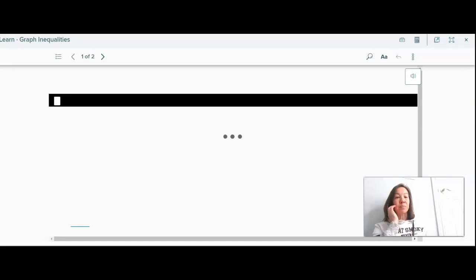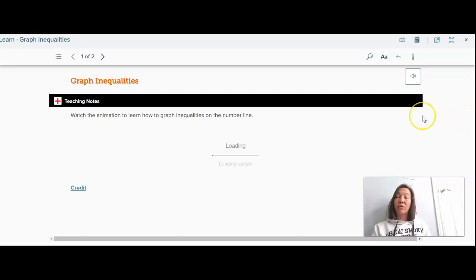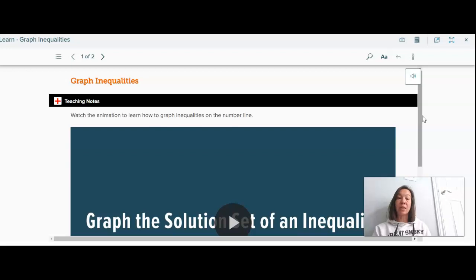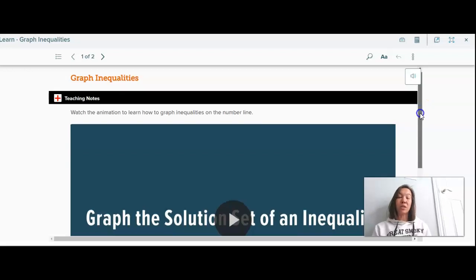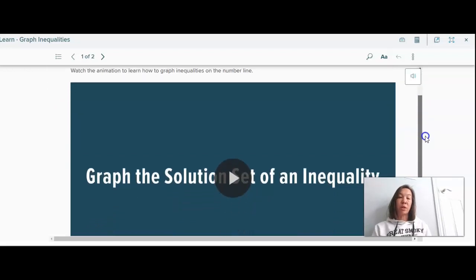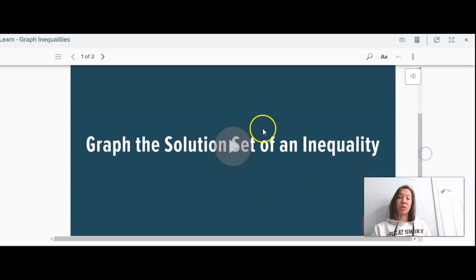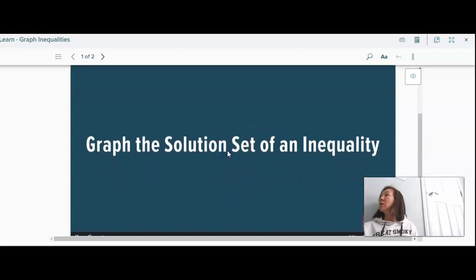On page 332 now, you can go there. We're going to have to also graph inequalities. So there is a difference. With equations, we get one number for x. But with inequalities, there's actually an infinite number of solutions for x. So look at this really quick.